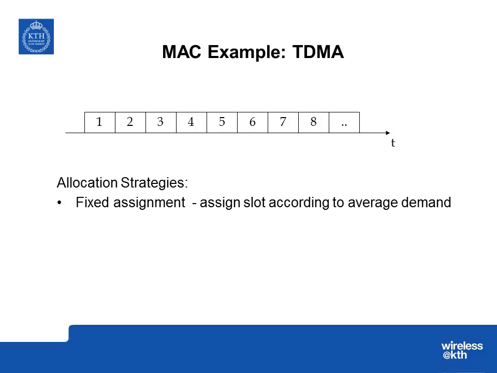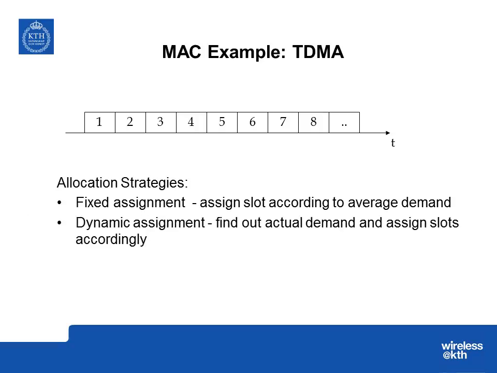Of course, ideally we would like to find out which transmitters have packets to transmit, so that, based on the actual traffic conditions, we can find out what the actual demand is and assign slots accordingly. Of course, if the transmitters are in a wireless system, they cannot communicate directly, so this is difficult to find out. They have to use the wireless system itself to find out.